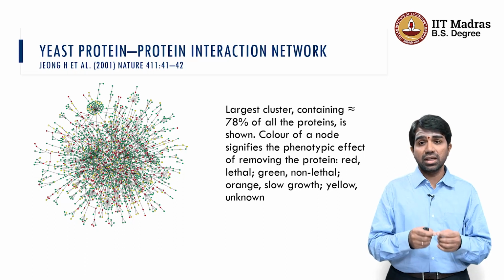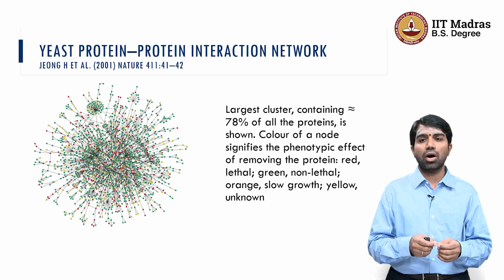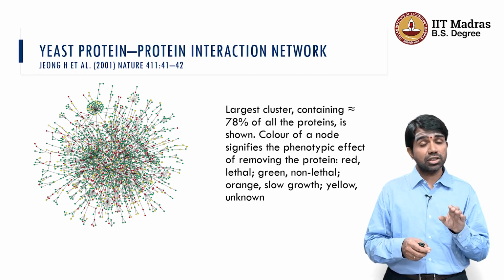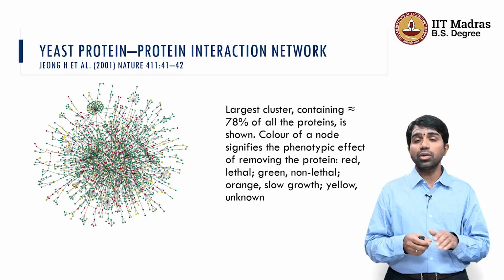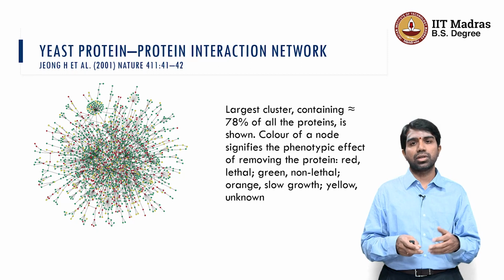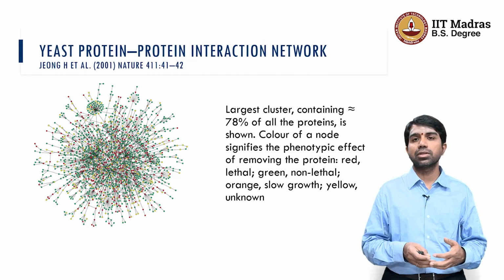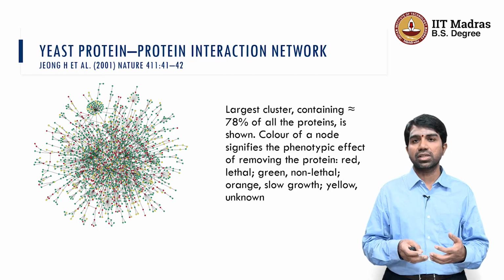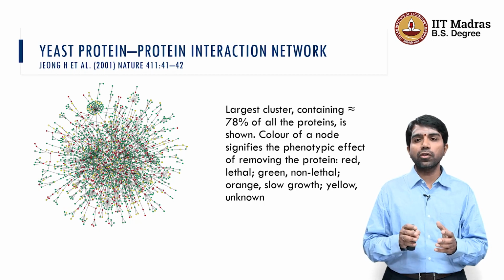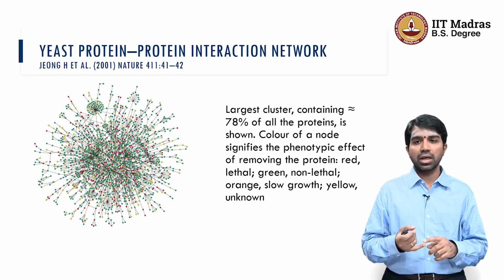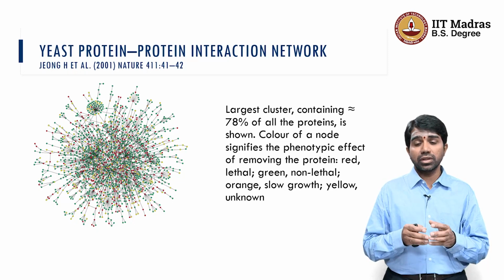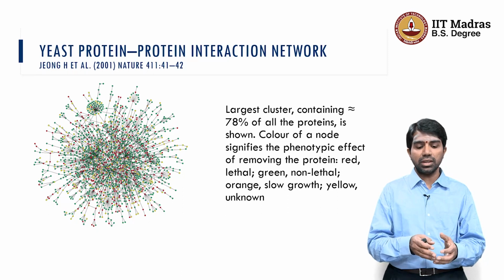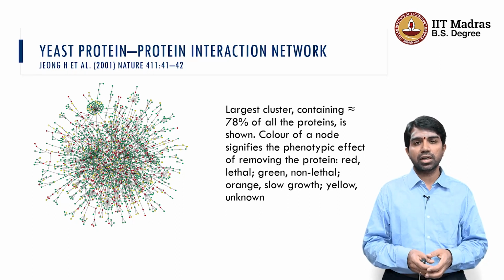If it is green, it means that it is non-lethal. If it is orange, it means it is a slow grower, meaning the cell survives, but its growth rate is much lower than what it was originally. And you also have these yellow nodes, which probably represent failed experiments or where the outcome wasn't very obviously clear. So you have four different kinds of phenotypes captured here: lethal, non-lethal, slow growth, and unknown.